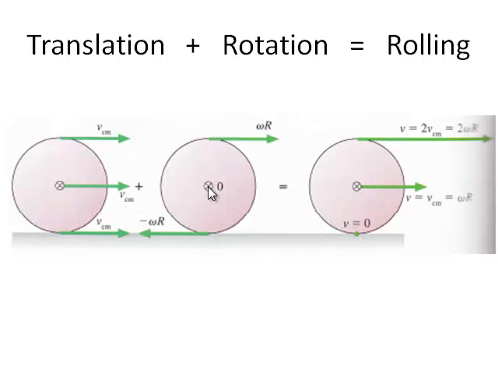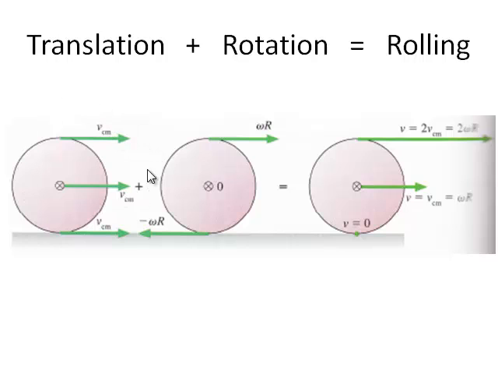Then if we were just to rotate it, the center of mass wouldn't move, and the top point here would move to the right with a speed omega r, and this bottom point would move to the left with a speed also omega r. We know this from our analogy between translational motion and angular motion.